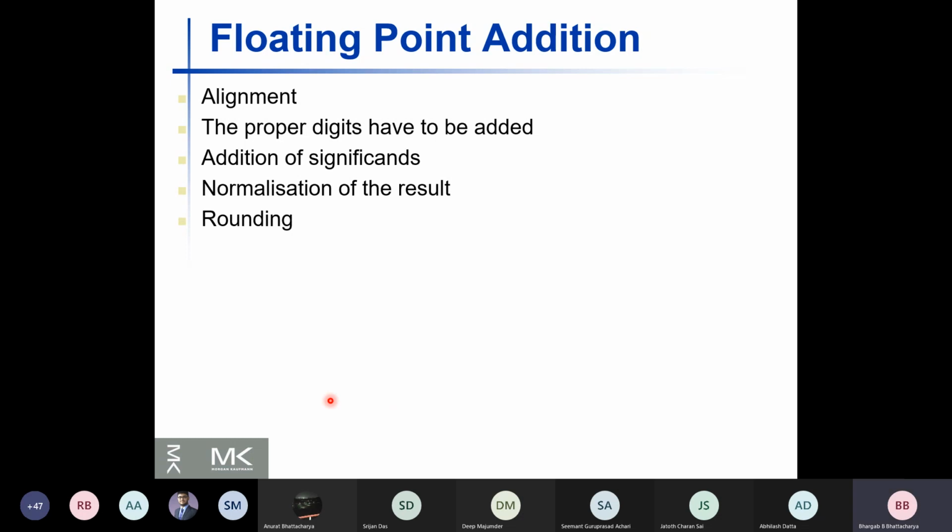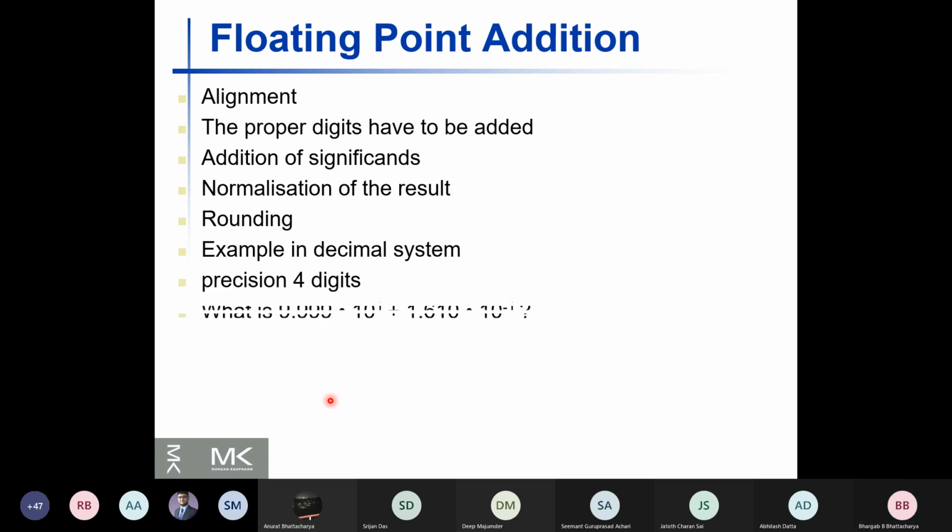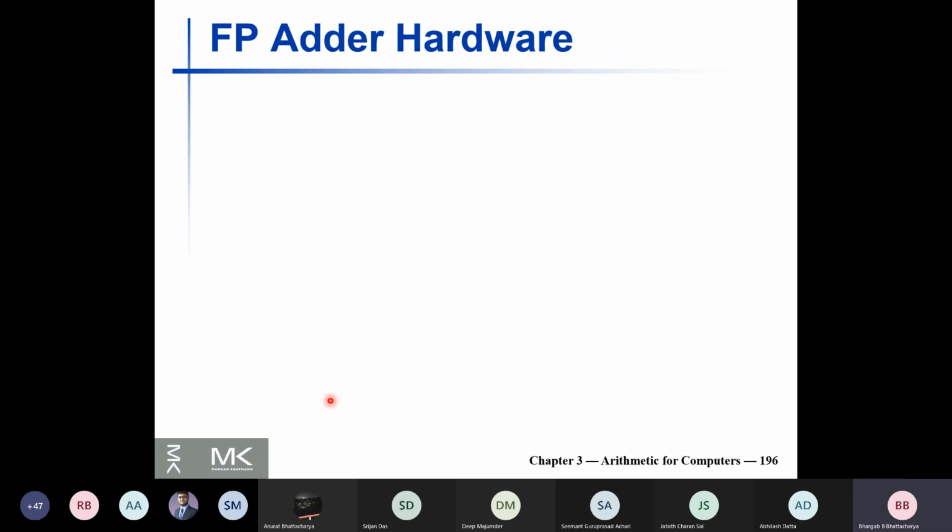I mean, we may have more bits after the binary point. It may exceed 23 bits, which is representable in the format.